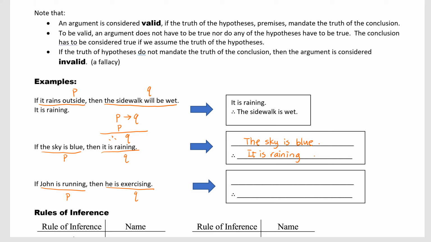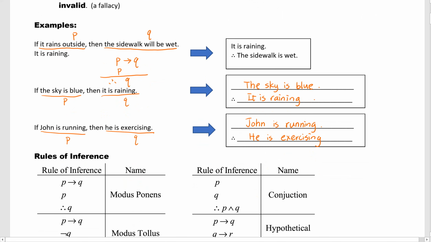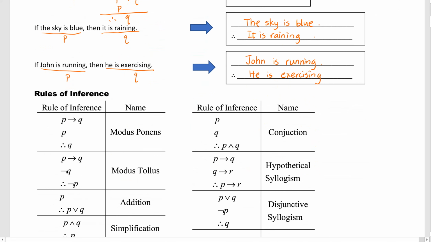So if John is running, that's the hypothesis, then the conclusion, he is exercising. This is the simplest case: P implies Q. We have one hypothesis and one conclusion. An argument can be more complicated than that.